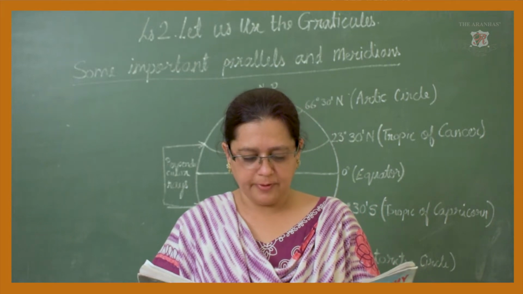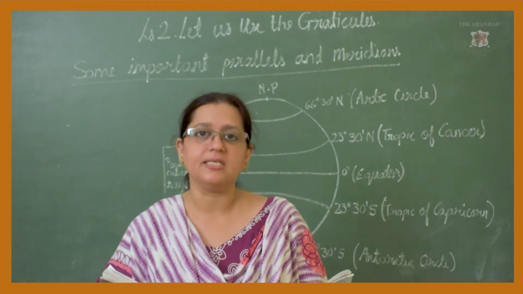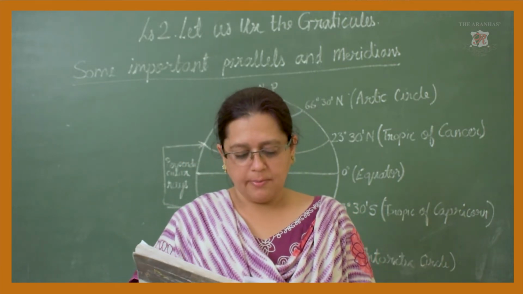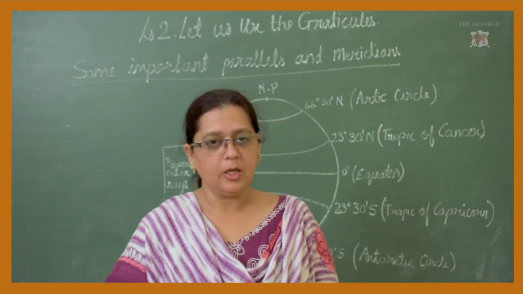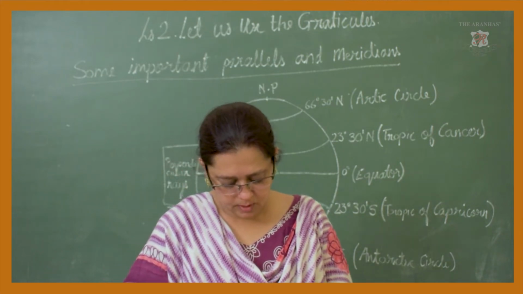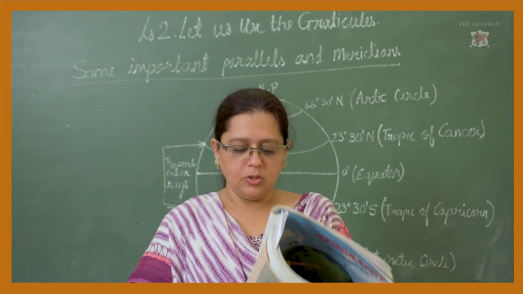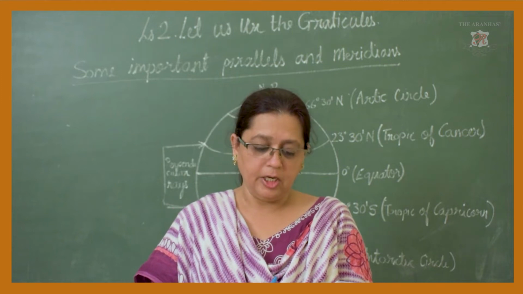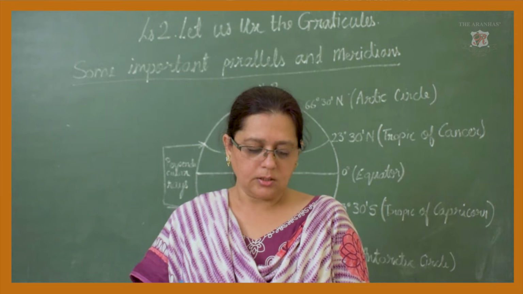Now, in standard 5th, we have studied that the earth's axis is inclined. These important parallel lines arise because of this inclination of 23 and a half degrees. Due to the duration and the intensity of the sunlight, different temperature zones are formed on the earth.